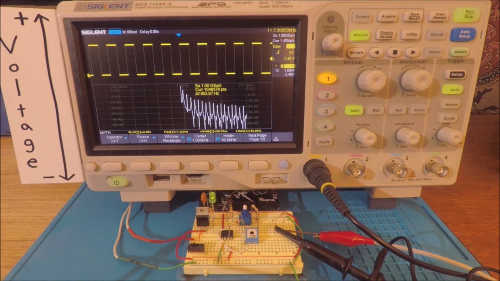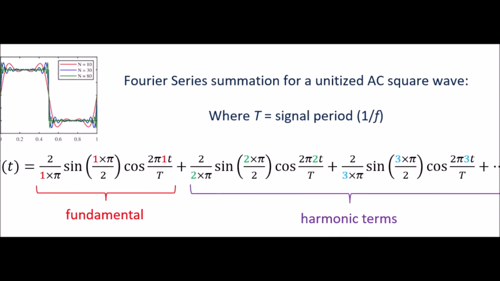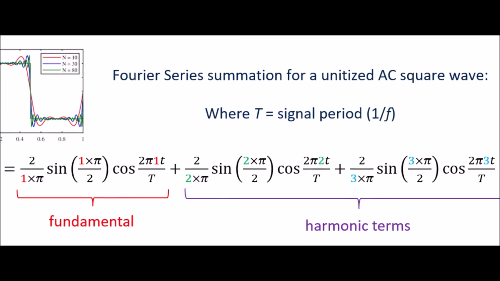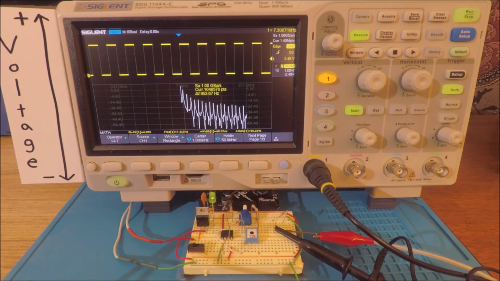On that frequency plot, we can see at the very center, this is the fundamental frequency for our signal that we're measuring. It's at 7.3 kilohertz. And each of these peaks increasing in frequency represent one of those terms in the harmonic series of the Fourier summation. Again, note that as the frequency increases for each of the harmonics, their contribution in amplitude is decreasing as a function of frequency.